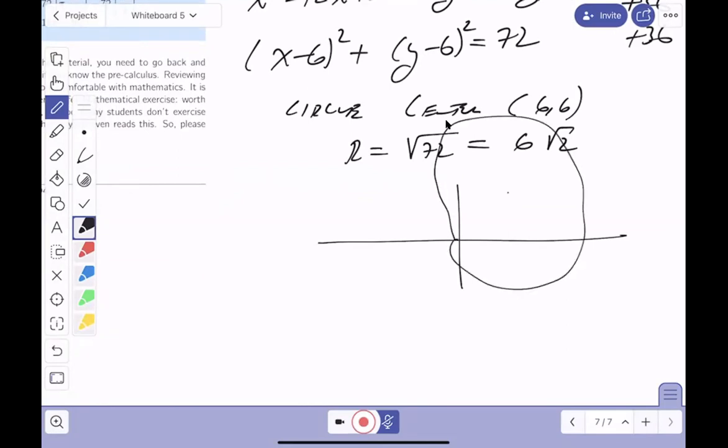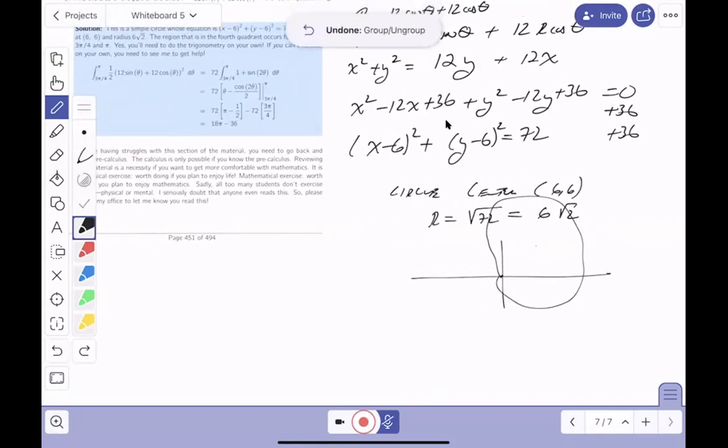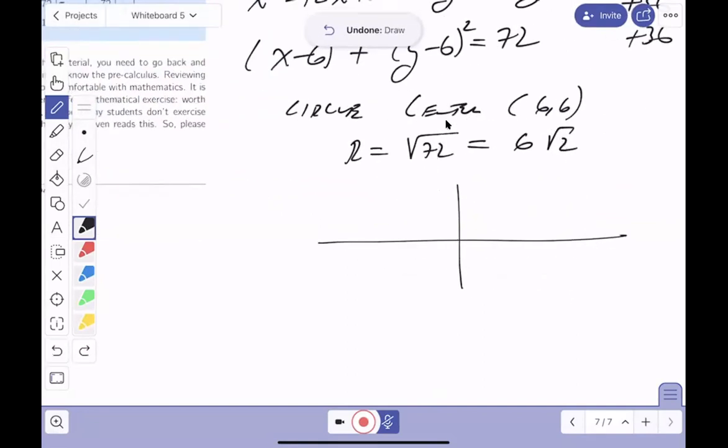I'm just drawing a crappy looking circle in there. Maybe I should draw a better circle than that. That's so bad that I can't even see it's a circle. So I got something like this over here. And the center's at 6, 6.